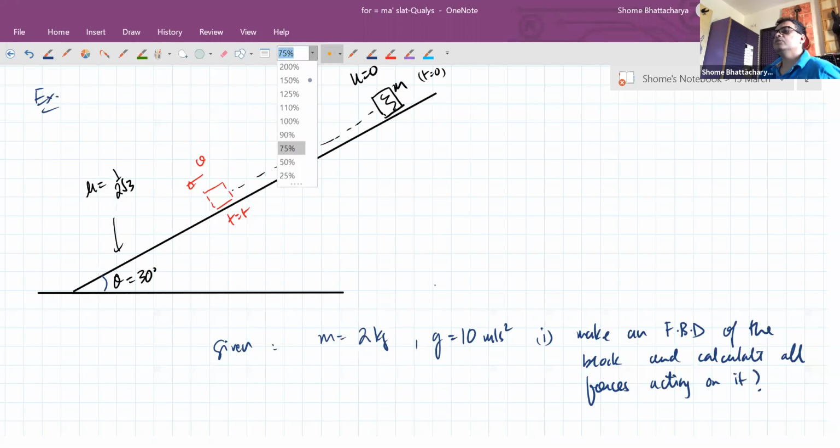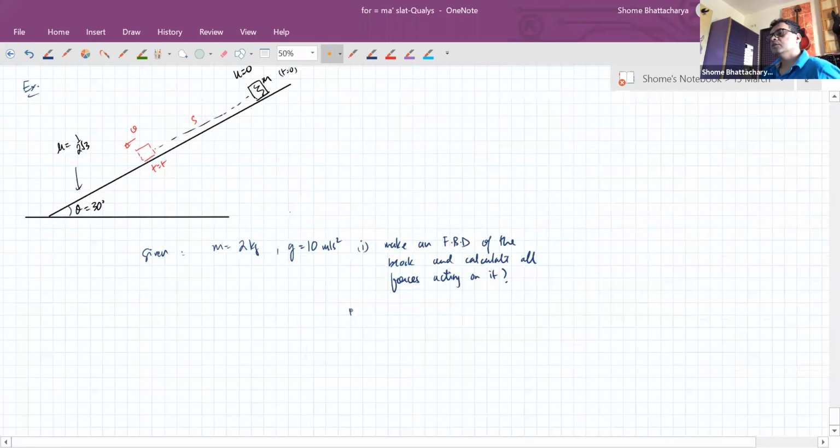And the next thing we have to do is calculate the work done by each force through a displacement of s is equal to 10 meters.